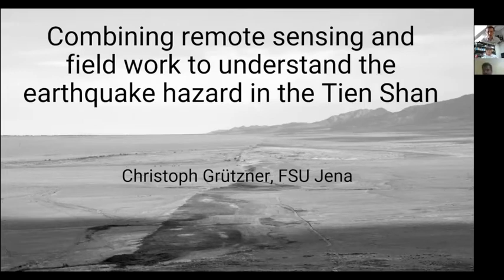So my name is Christoph. I'm very much interested in paleoseismology and tectonic geomorphology, in earthquake geology. And I try to use as many methods as possible to look at the same topics, like how active tectonics work in certain regions, and how we can learn about strong earthquakes that happened somewhere in the past.